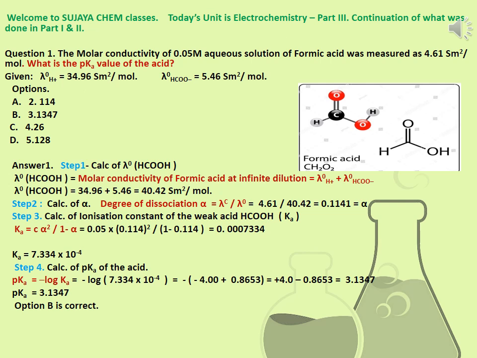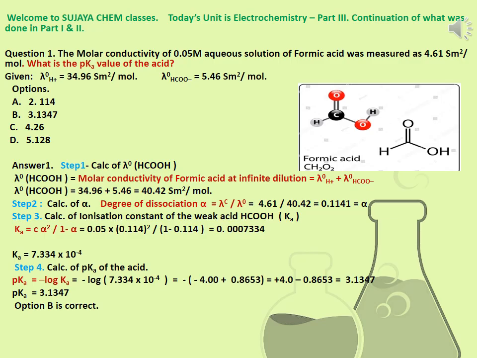So 0.114 the whole square divided by 1 minus alpha, 1 minus 0.114. On calculating it, we get 0.00073334. Therefore, shifting the decimal towards the right, we get Ka is equal to 7.334 into 10 to the power minus 4.